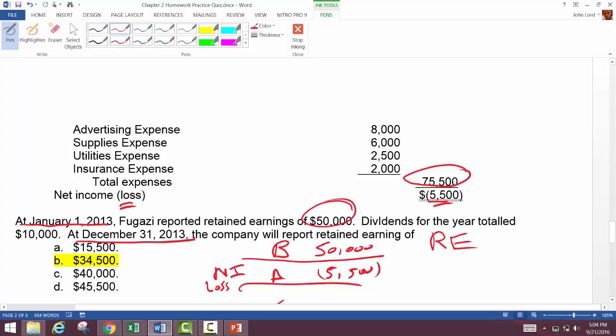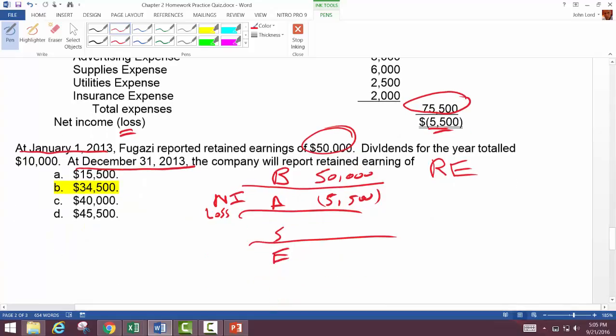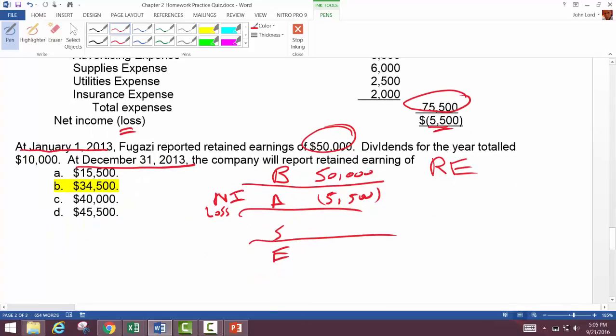We're reducing the retained earnings. Remember, retained earnings, the usual balance is a credit, isn't it? If my expenses are more than my revenues, then my debits on the income statement are more than my credits on the income statement, aren't they? So that results in a debit balance for my net income of 5,500.